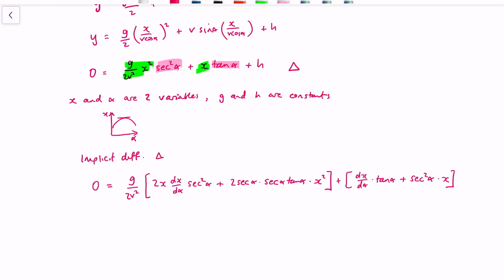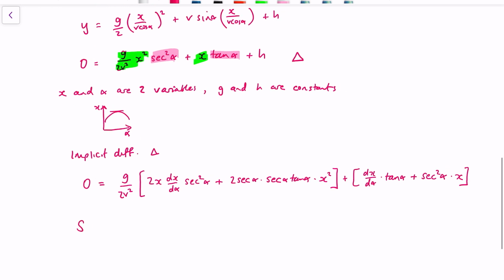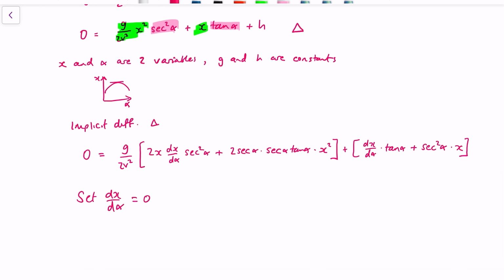So when we make dx d alpha equals 0, the first term disappears in that bracket, and the first term in the second bracket disappears as well. So we end up solving this equation.